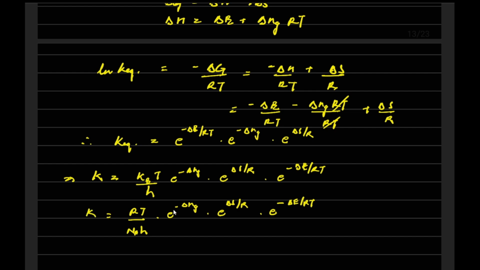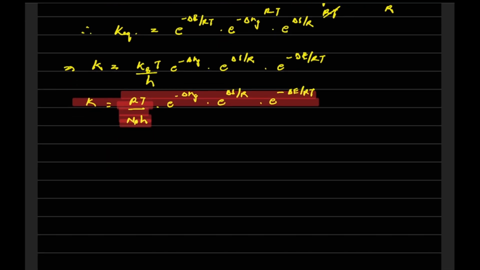So this is the formula of the rate constant for transition state theory.